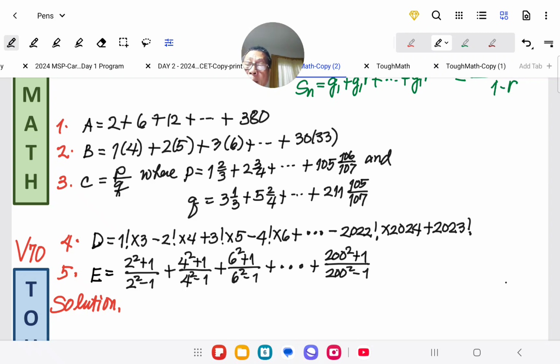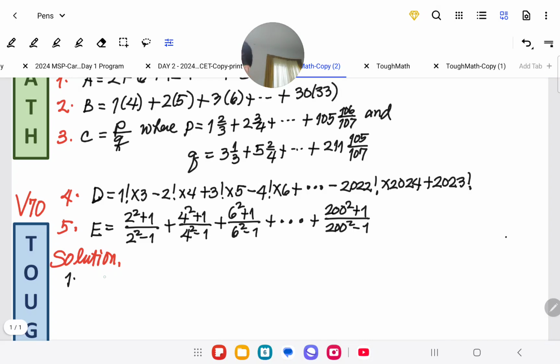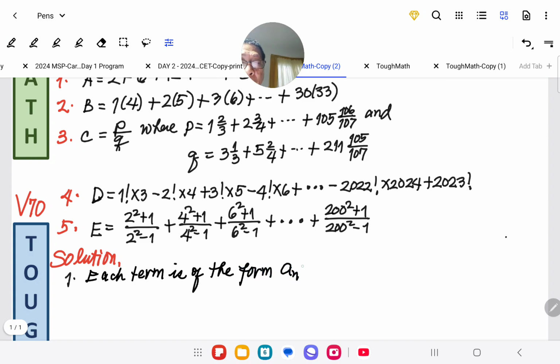Okay, so here for number 1, each term is of the form a_n, which is equal to n times n plus 1.